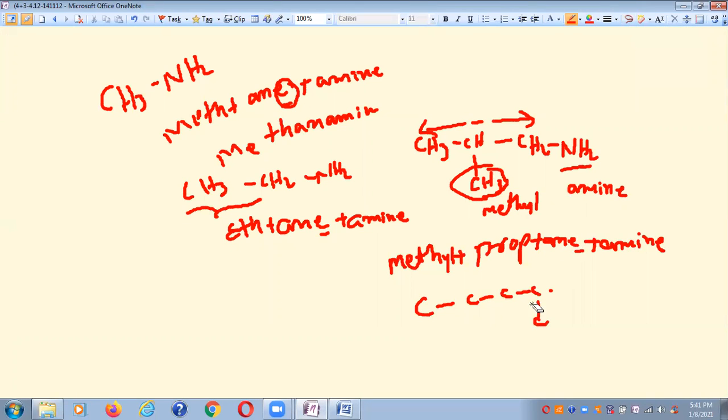So we can write either of these structures for this name, methyl propylamine.